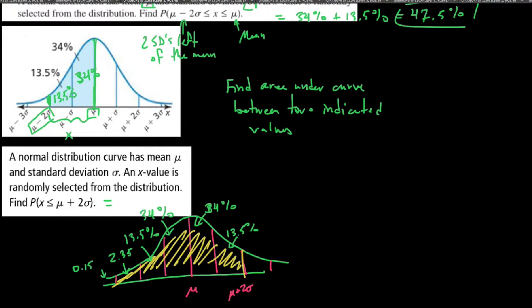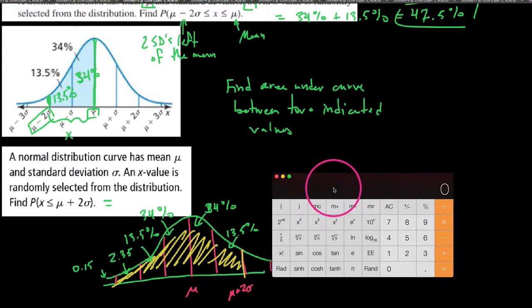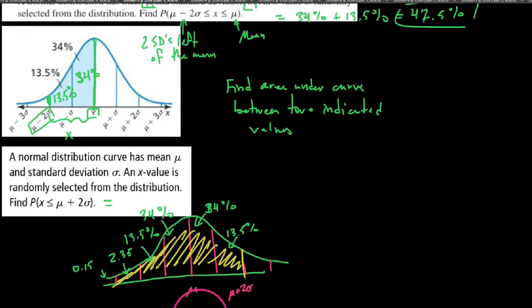So just coloring this in, we'll grab our calculator here and add these values up. We have 13.5 plus 13.5 plus 34 plus 34 plus now the 2.35 plus the 0.15. What we get is 97.5% of the area here.